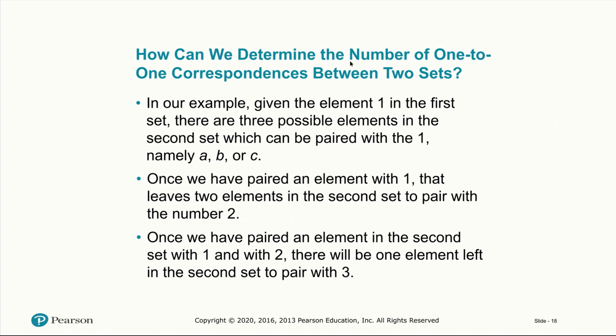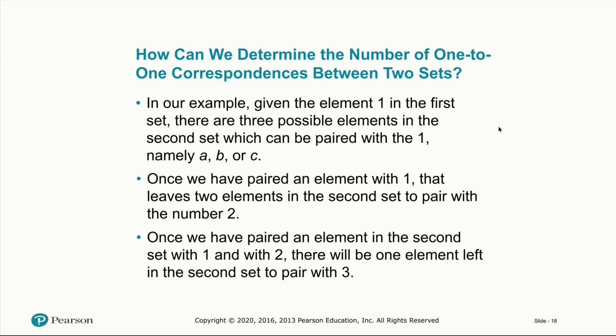All right, so how can we determine the number of one-to-one correspondences between these two sets? Well, in this particular example, given the element 1 in the first set, how many possible elements are there in the second set that it can be paired with? There are 3, namely, it can be A or B or C. Now, let's assume you've made that choice.